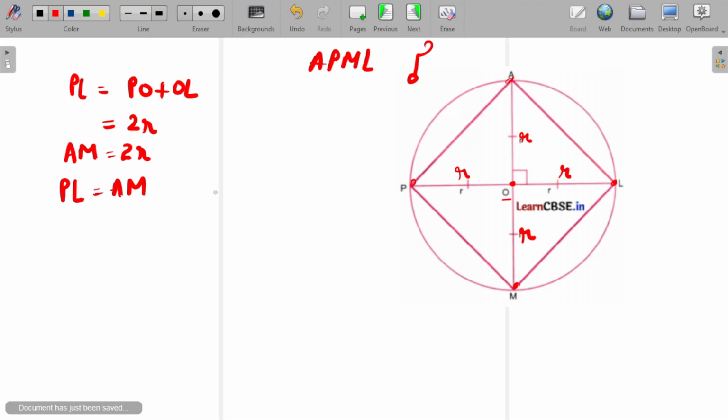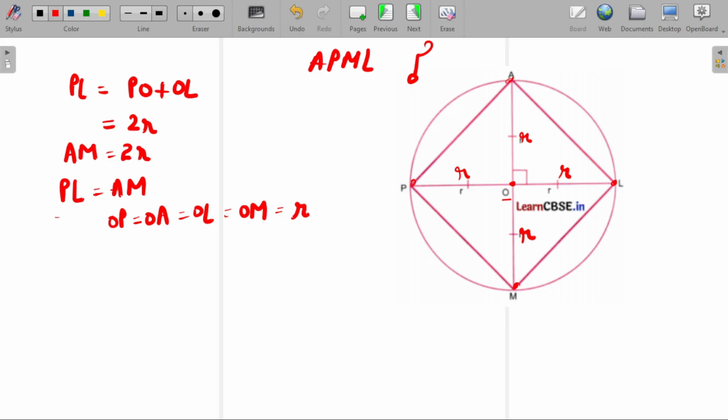They are equal. So see the quadrilateral APML. PL and AM are the diagonals and they are equal. And the great thing is that they are bisecting each other also. See, OP equals OA equals OL equals OM, all are of length r, right? That means they are bisecting each other.